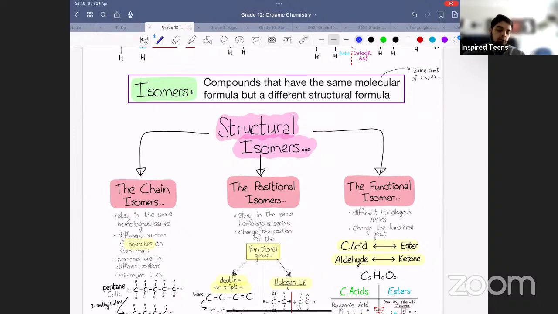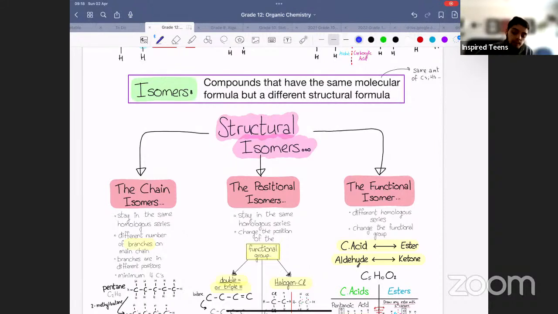That's how they define it. So that's why I didn't write each individual definition, because they're easy, right? You just define it in terms of each respective isomer. So isomers in general, compounds that have the same molecular formula but a different structural formula. Then for chain, like I said, I'm going to repeat them again.